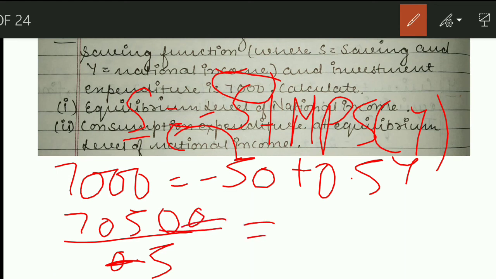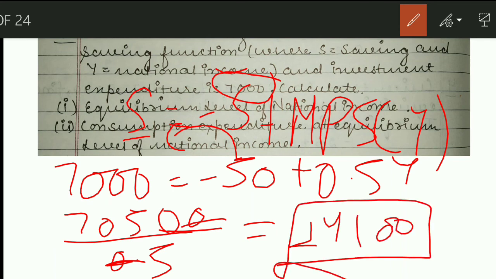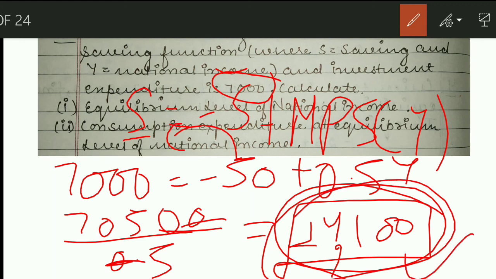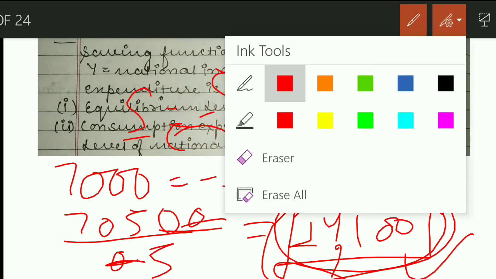So this point will go and one more zero will be there. If you divide it, you will get your income equal to 14,100. This will be the value of your income.